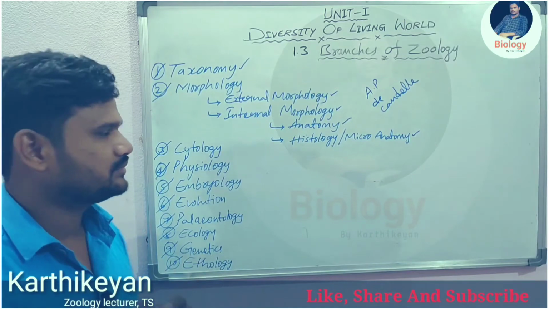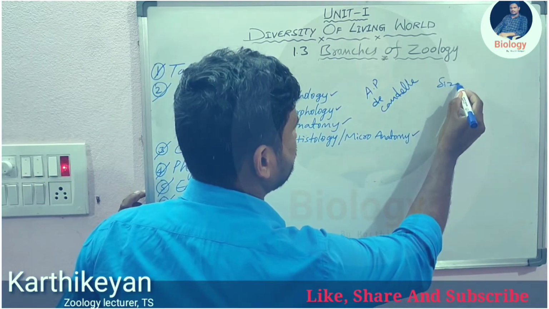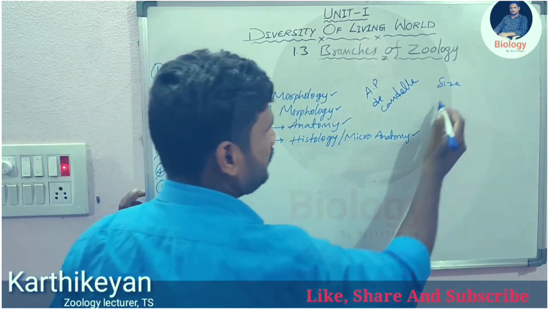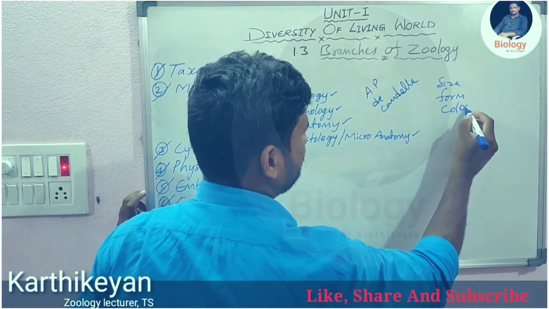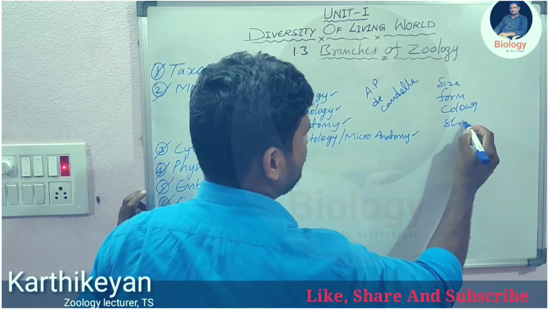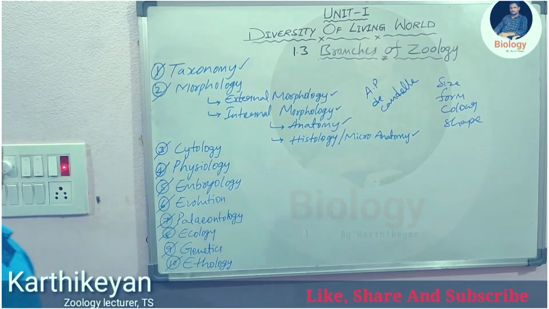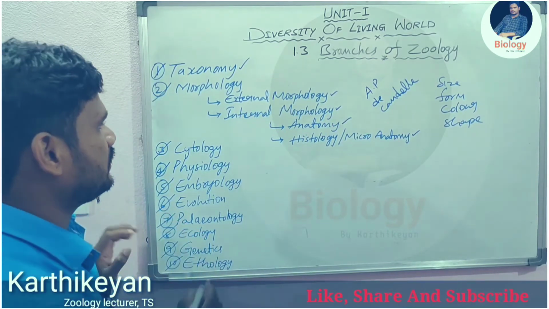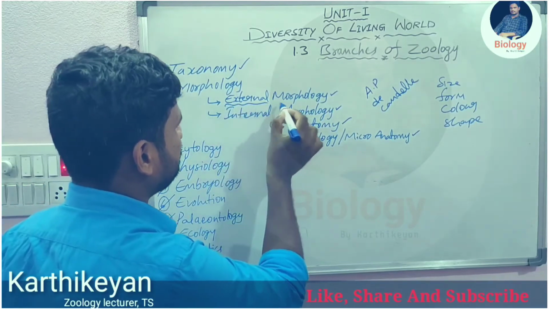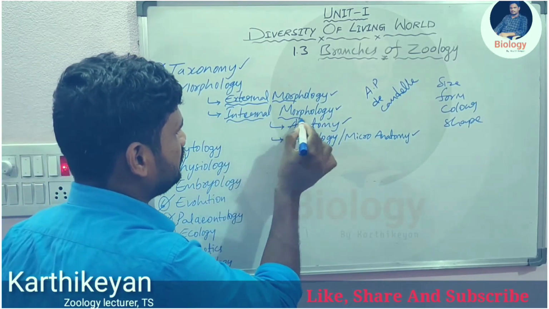Okay, morphology means it is the study of size of an organism, form of an organism, color of an organism and shape of an organism. Right, this morphology is divided into two main subdivisions. They are, first one is external morphology and the second one is internal morphology.